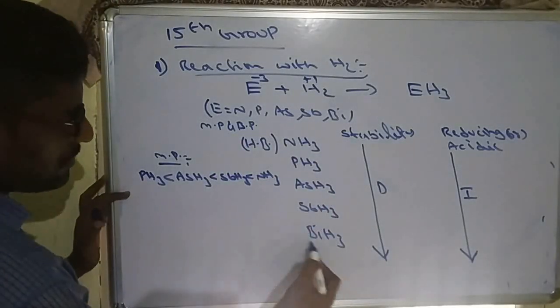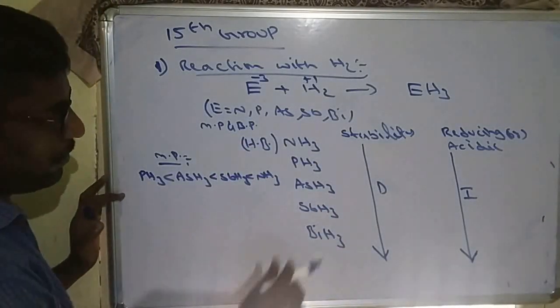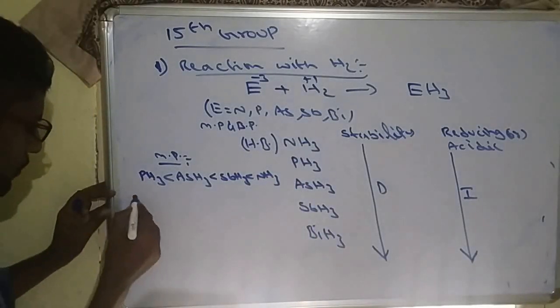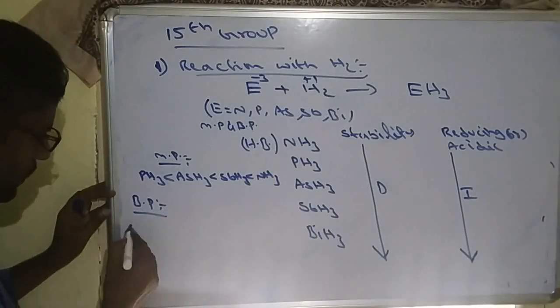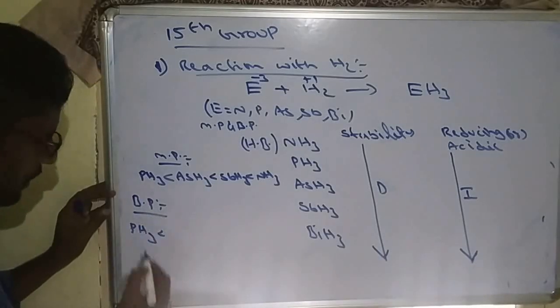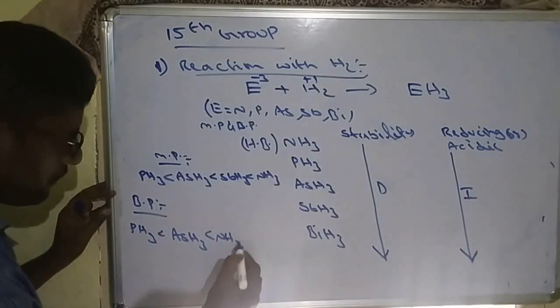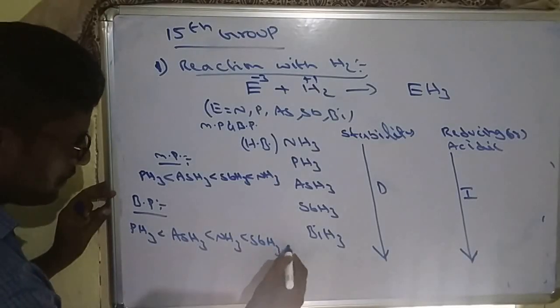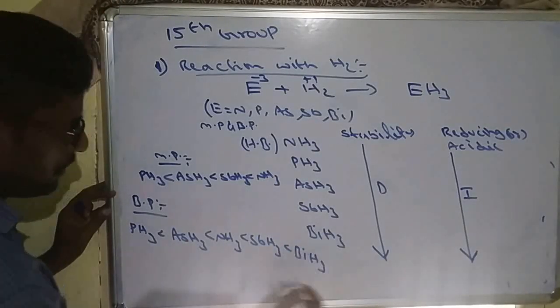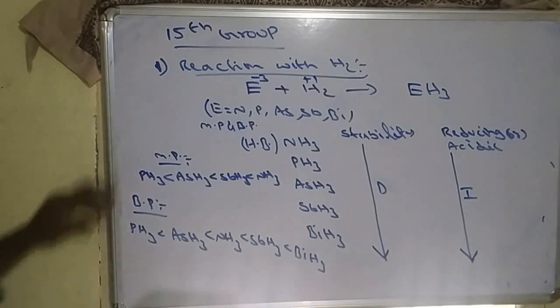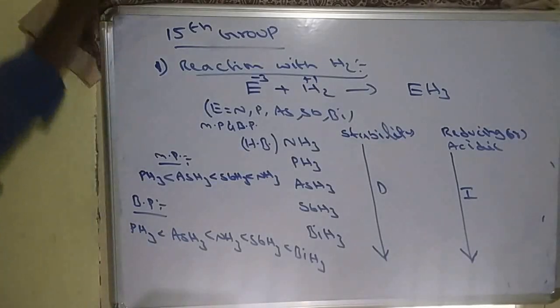BiH3 does not have any melting point value, only up to SbH3. And for boiling point, PH3 will be the least, then AsH3, after that NH3, then SbH3, BiH3. So this is the order of boiling point, and that was the order of melting point.